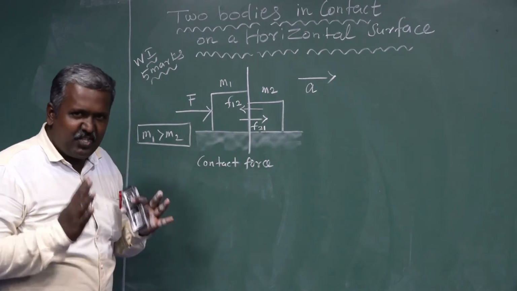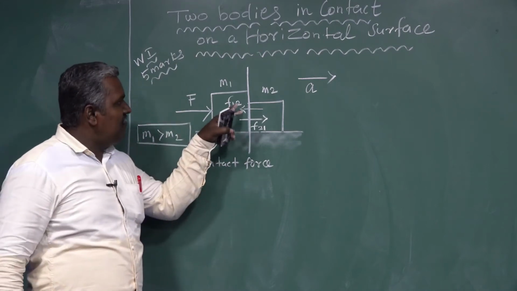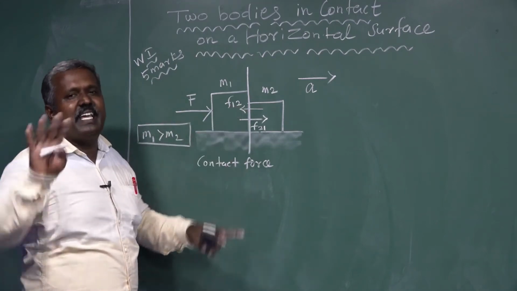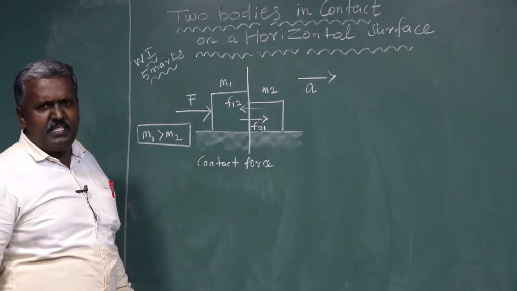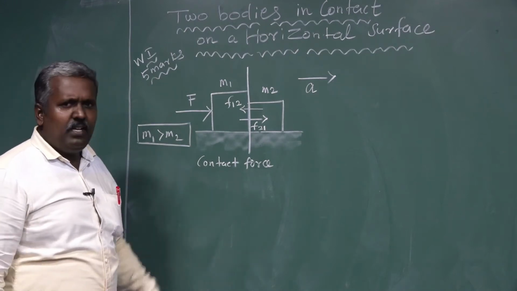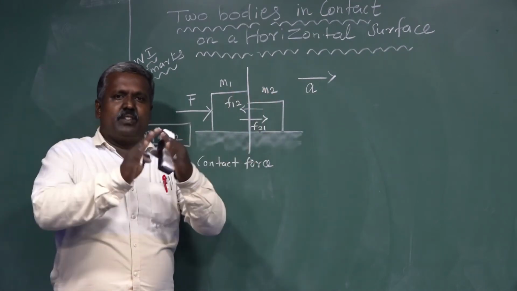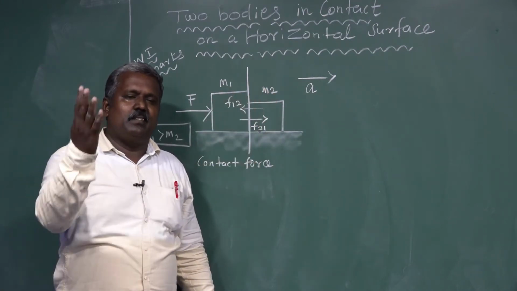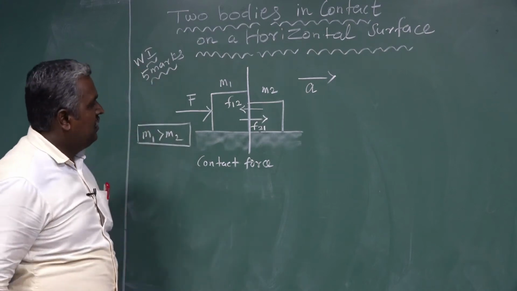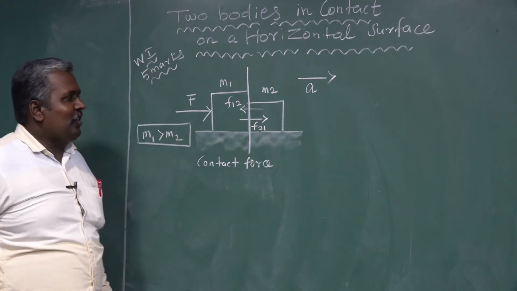I am correct or not? Action, and the force F12 is the reaction force. Both are equal and at the same time opposite in direction, according to Newton's third law. Clear? Okay.